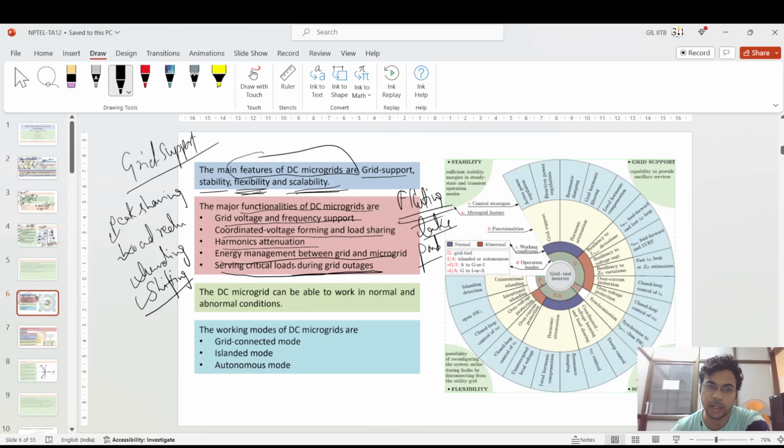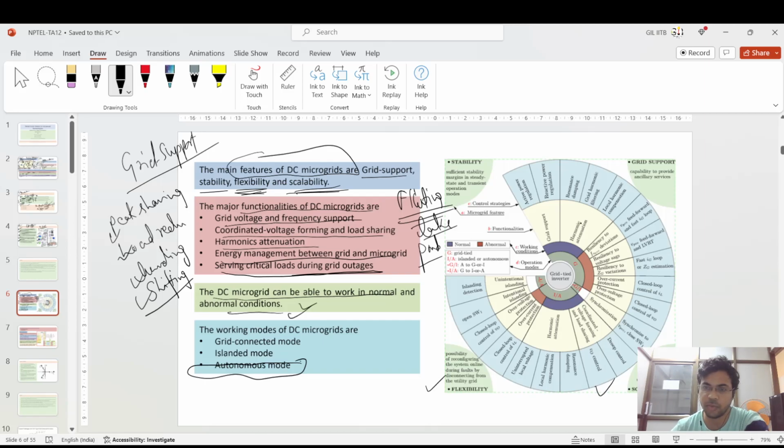Suppose no grid is connected, this DC microgrid can operate in the islanded situation and fulfill the load requirement. And this DC microgrid is able to work in both normal and abnormal conditions, which I have told you, that is grid connected and islanded situation. It can also operate in the autonomous mode when it is not connected to AC loads inside this system, and also not connected to the grid.